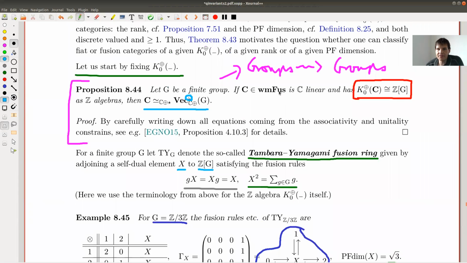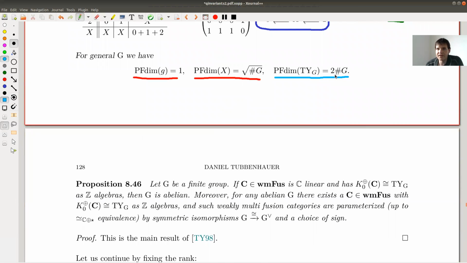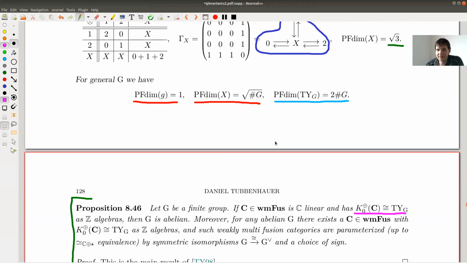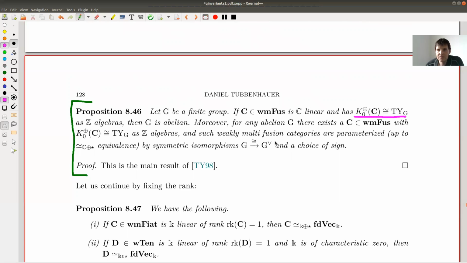So here we kind of classify things of Perron-Frobenius dimension the order of the group. And the next easiest thing is to try to classify things which are twice the order of the group. And there is also a classification for those. It basically works as follows. Whenever you see something that decategorifies to those rings, then there exists a fusion category.